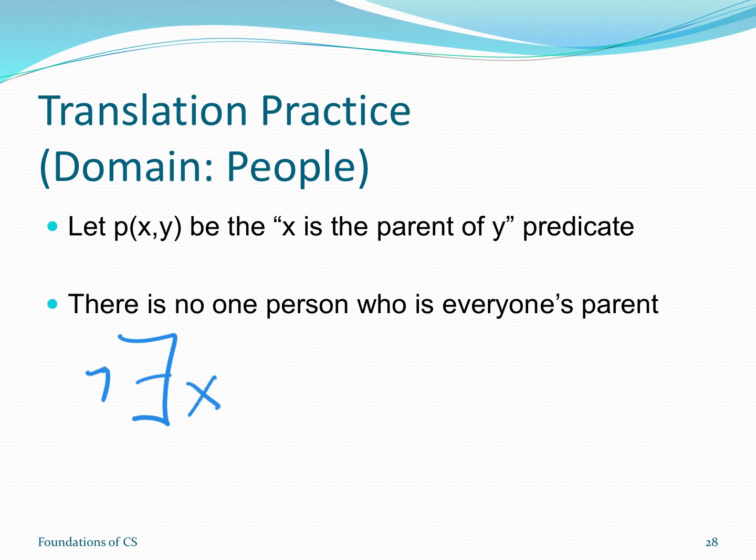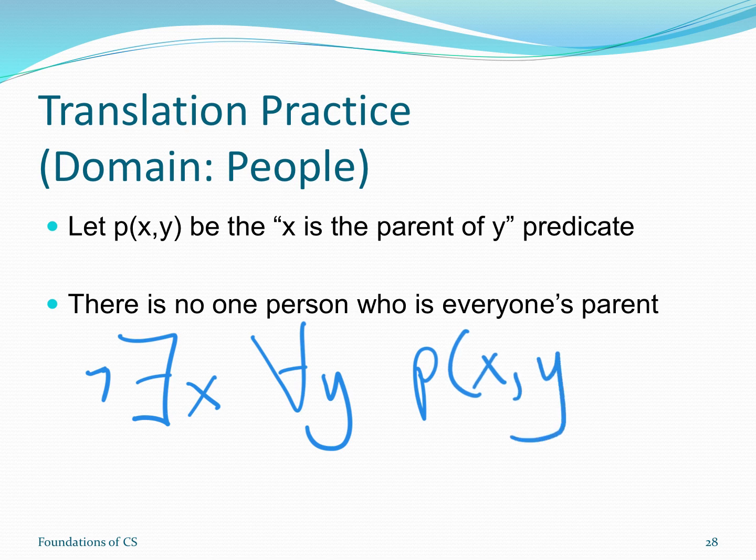There does not exist a person X such that for all Y, X is Y's parent, right? There does not exist a person such that no matter what you pick in your domain, that person is the person's parent, right? There's no person who's everyone's parent.